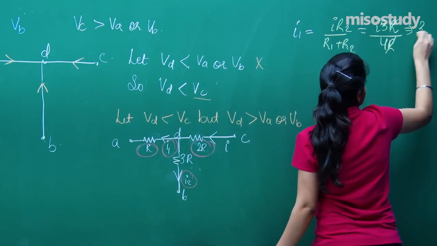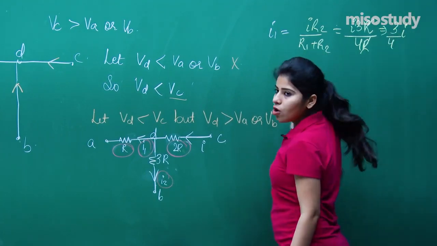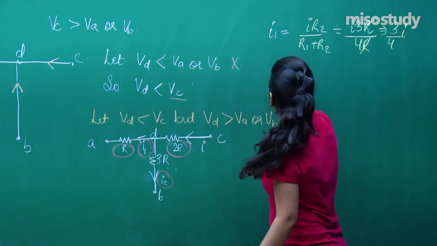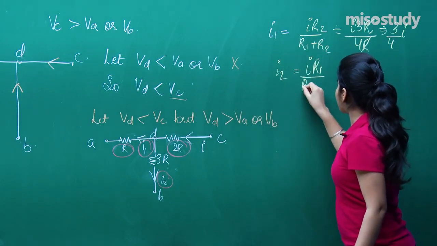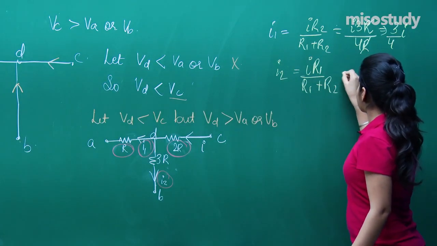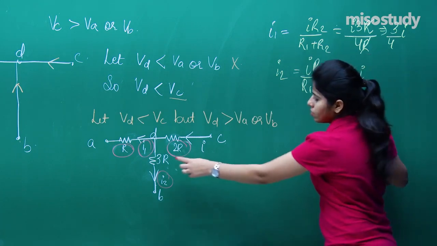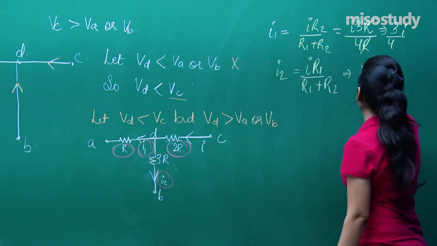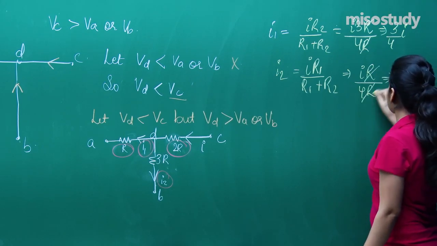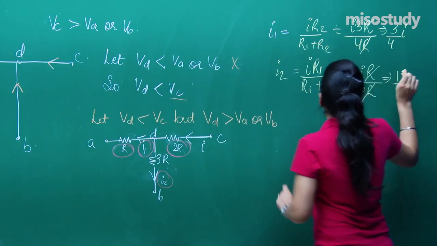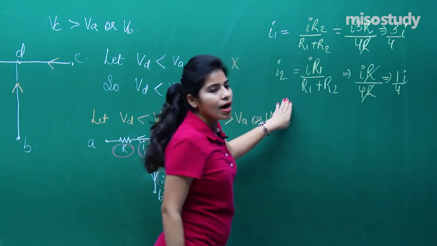So that means this is 3 by 4 I. Now if I take the case of I2, that will be I into R1 divided by R1 plus R2. So that means I into R1. Now R1 is R, divided by 4R. So that means 1 by 4 into I. This is the case of I1 and I2.